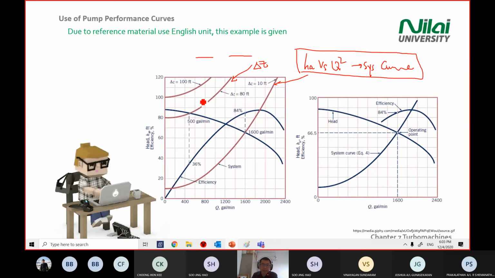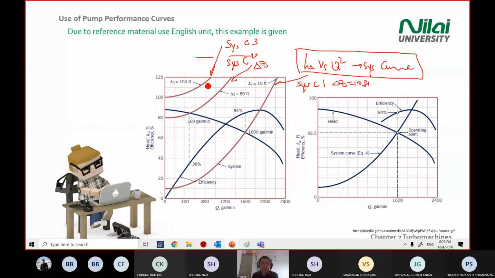So we get the second system curve, and this line is your system curve number 2. This is your system curve number 3. This is system curve number 1 with delta Z equal to 10 feet. Then this one is 80 feet, and 100 feet.